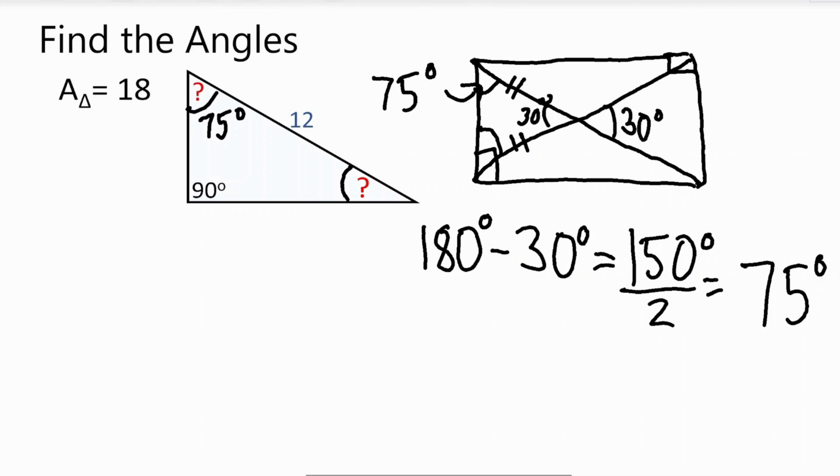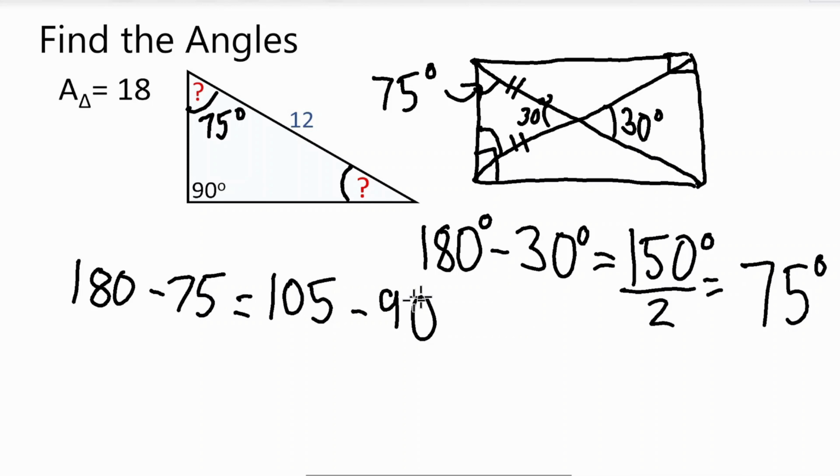So let's do it. 180 minus 75 is equal to 105. And now let's subtract 90 from it, which is equal to 15. So this angle here is 15 degrees. And now we have solved our problem. We have found all the angles. They all add up to 180, and that's it.